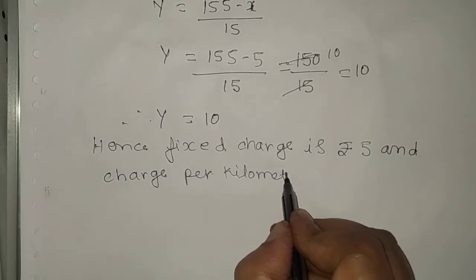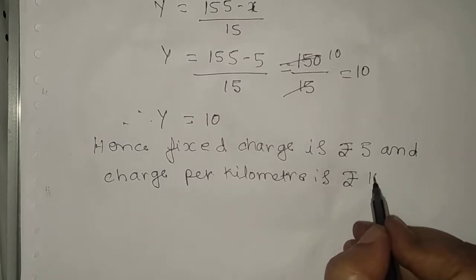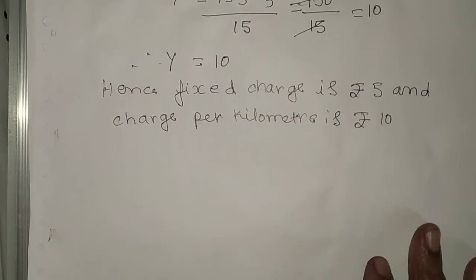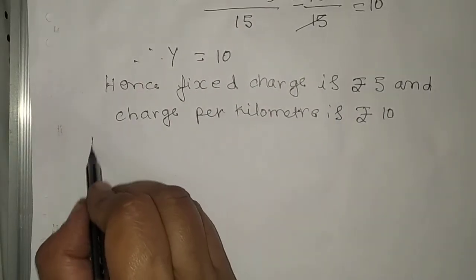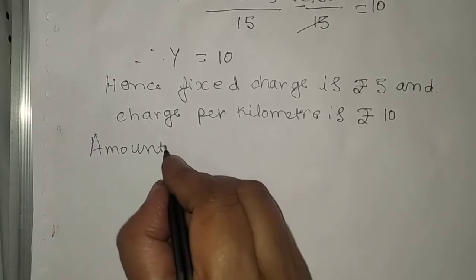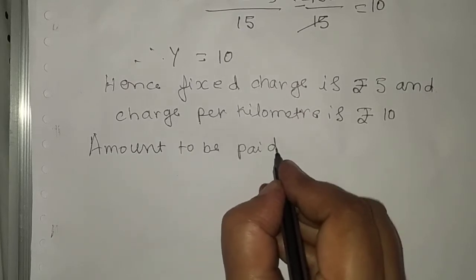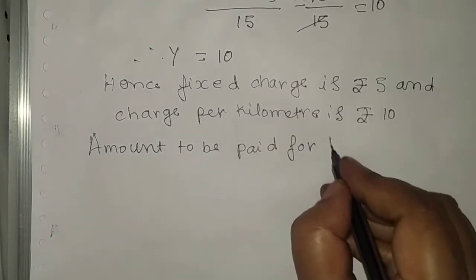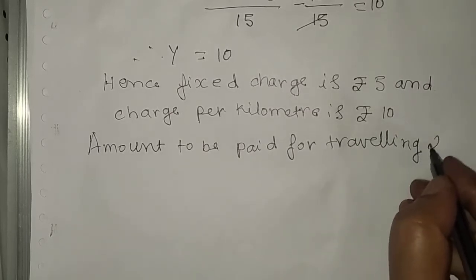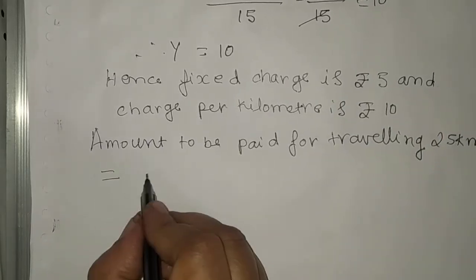That is rupees 10. So amount to be paid. Now next line, amount to be paid for traveling. Amount to be paid for traveling 25 kilometers is equal to how much?